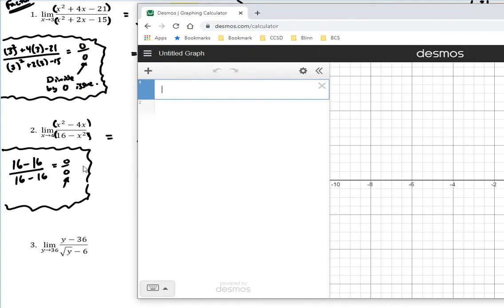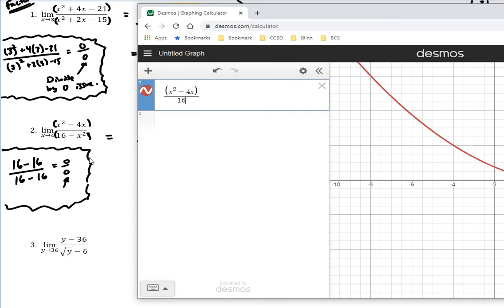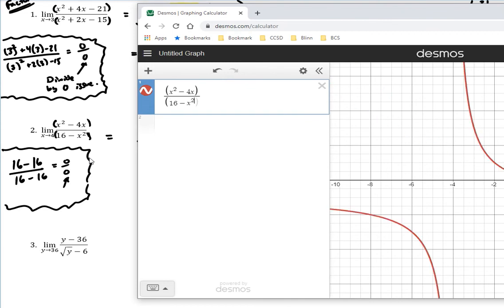And then all I want to do is plug this function in as shown with the parentheses. So parenthesis x squared minus 4x divided by, let me get the parentheses, 16 minus x squared, and then parenthesis.